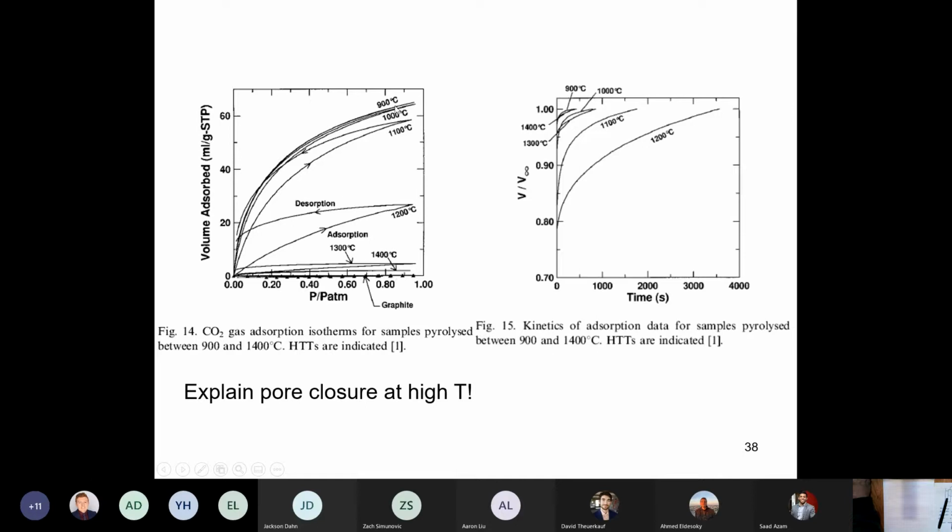For material heated at 900 degrees C, look at this. This is pretty incredible. You can absorb 60 milliliters of standard temperature pressure carbon dioxide into 1 gram of this carbon, 60 mils per gram.